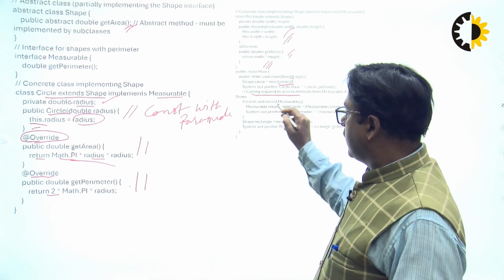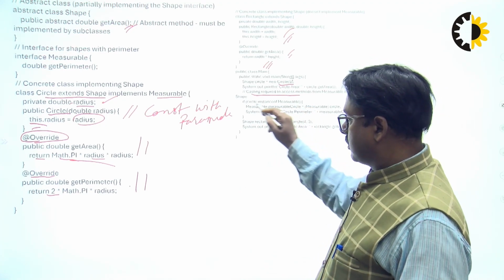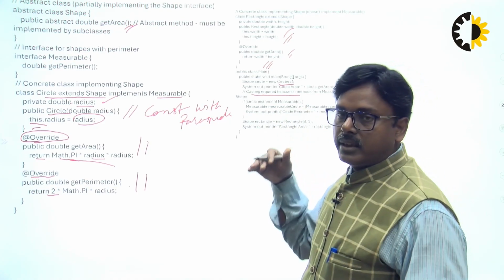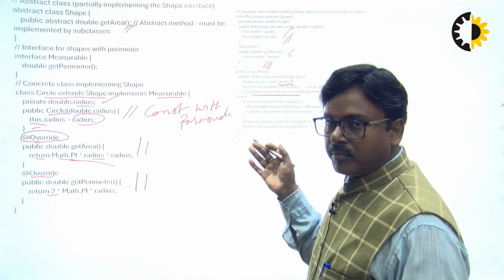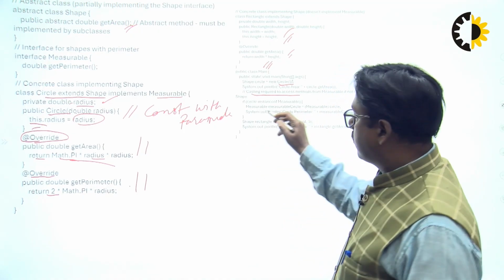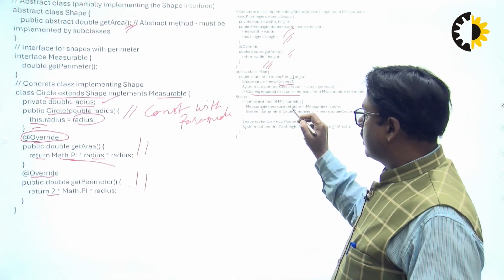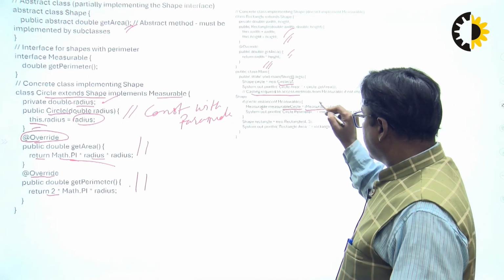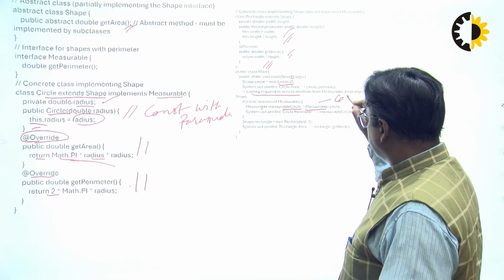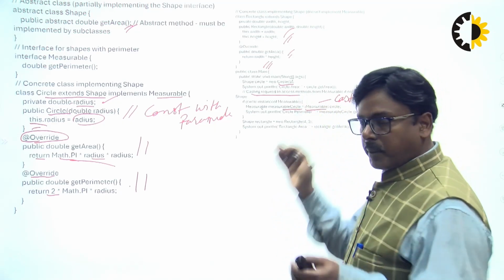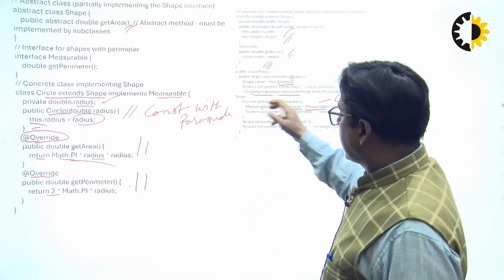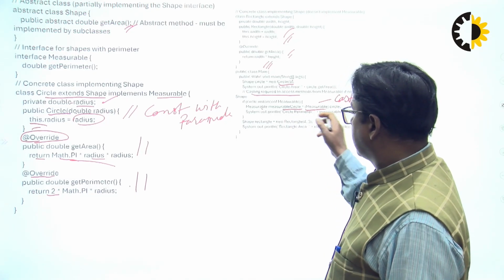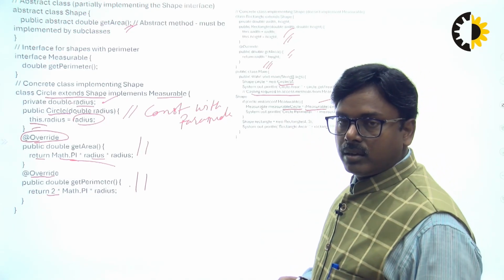If circle instanceof Measurable, we are just checking whether it is an instance of Measurable, and then what we have to do is Measurable circle, and this is where casting is done. In round parentheses, we are casting that circle variable to Measurable.